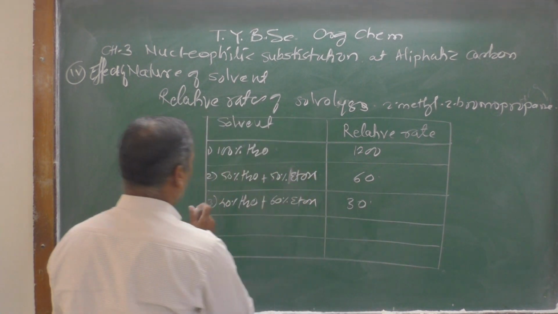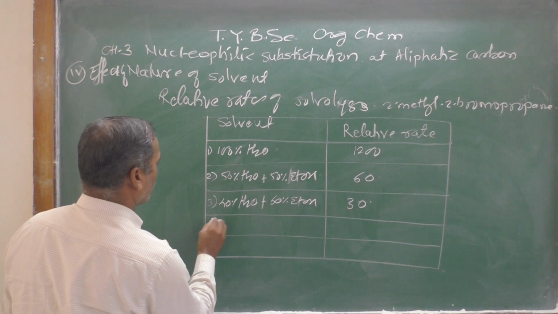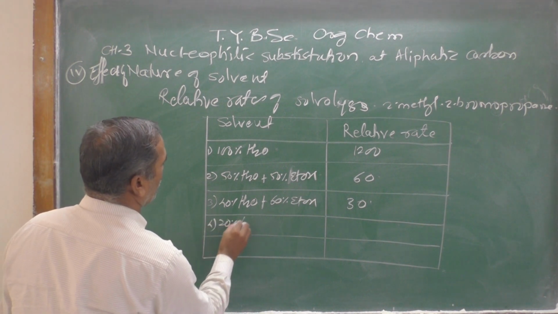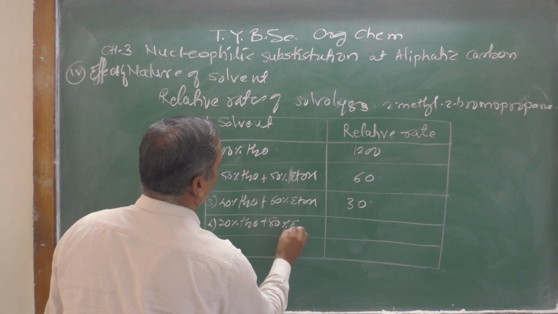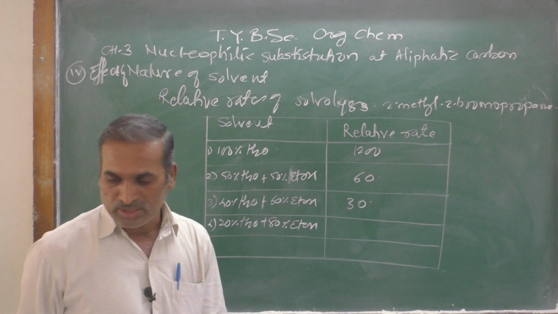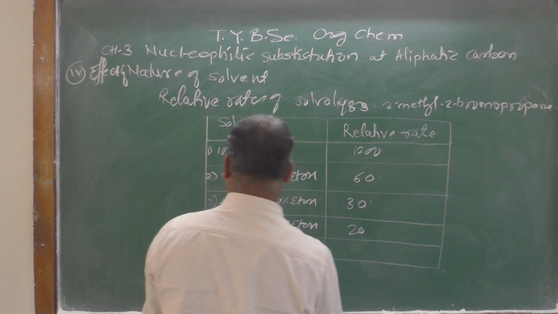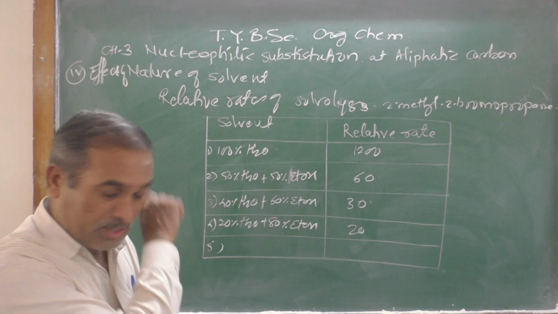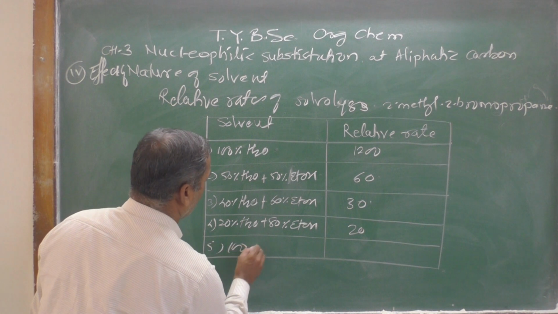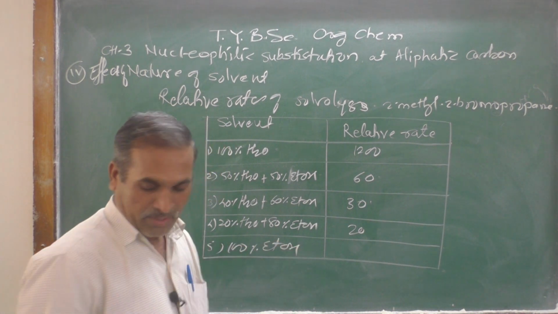And now I am again changing the percentage of the fourth one: 20% water and 80% ethanol, EtOH. What they found, the rate of reaction is found to be 20. Now the last one, there is 100% ethanol, EtOH, and what they found, the rate of reaction is a very slow one.